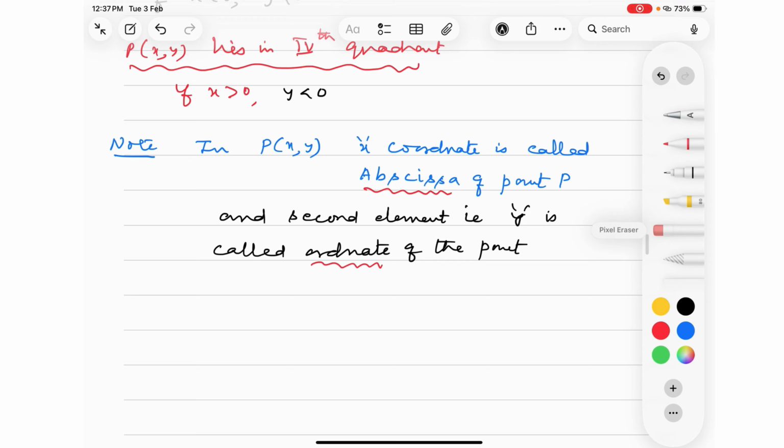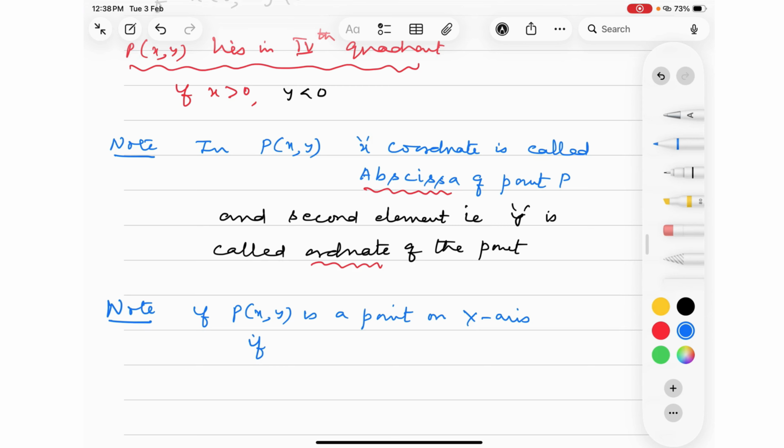Now, one more very important note: if P(x, y) is a point on the x-axis, how do you know the point P is on the x-axis?